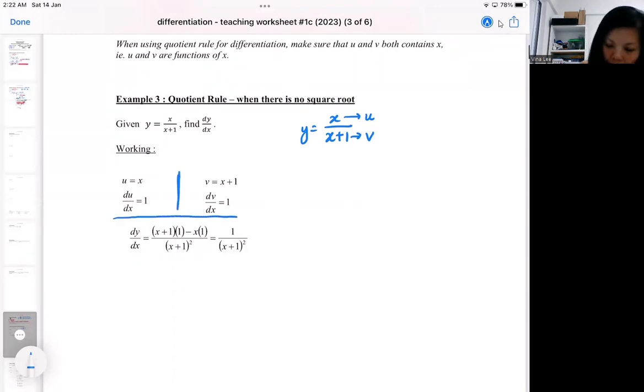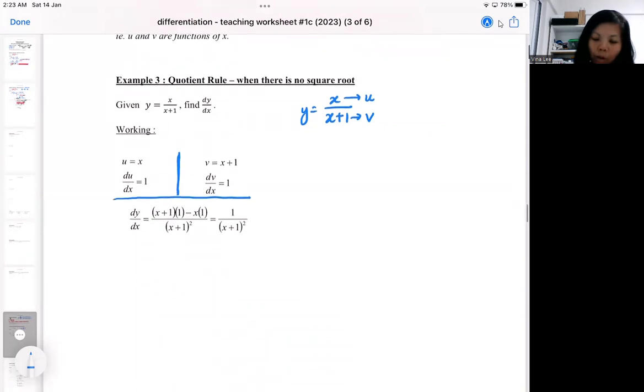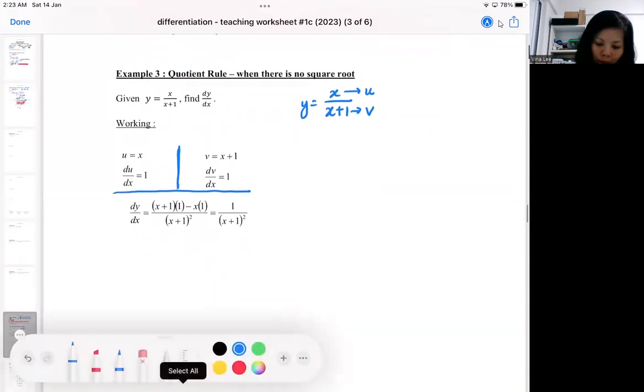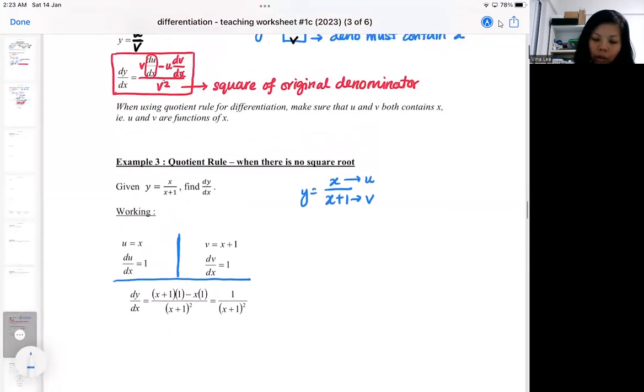By now, I shouldn't need to elaborate on the mini differentiation. I'm going to explain how you put it into the quotient rule. As I mentioned just now, if you are applying the quotient rule, the denominator is the original denominator with a square.